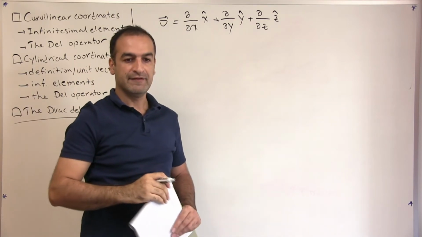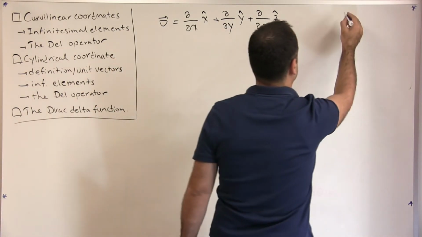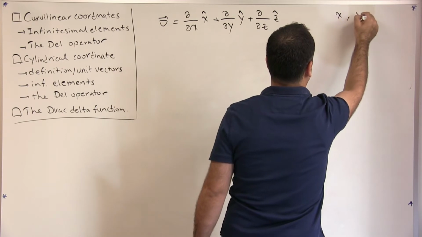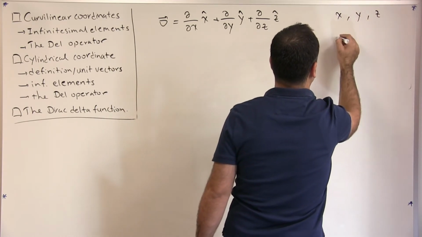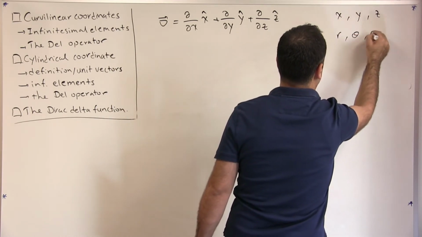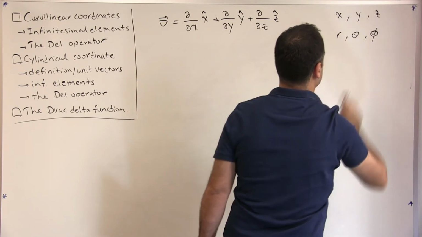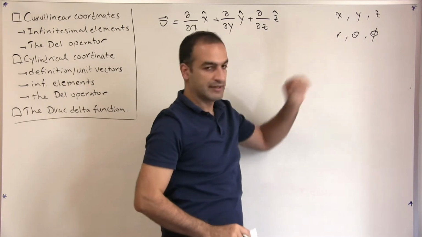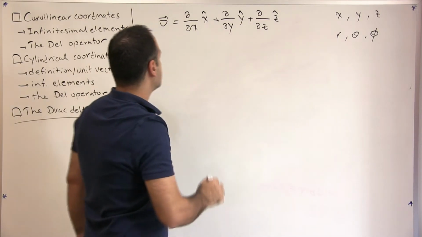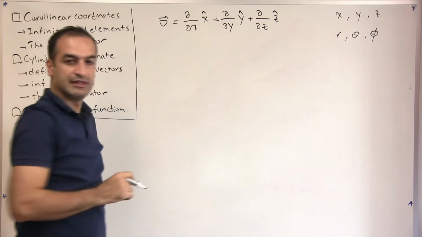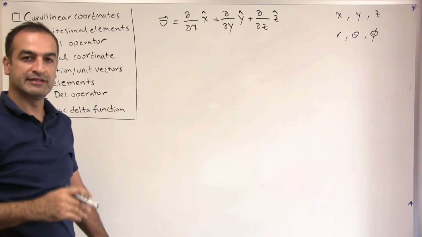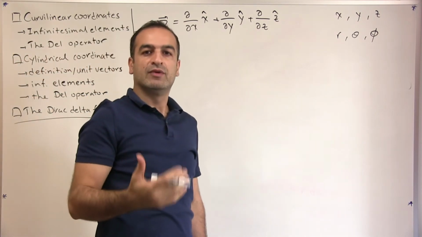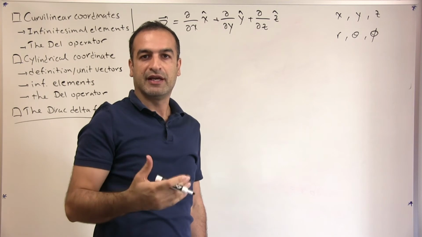If we move on to spherical coordinates, technically we are moving from x, y, z to r, theta, phi, and there's always a relationship that I wrote between x and r. If we want to write all these terms in terms of the spherical coordinates, what we need to use is the chain rule.